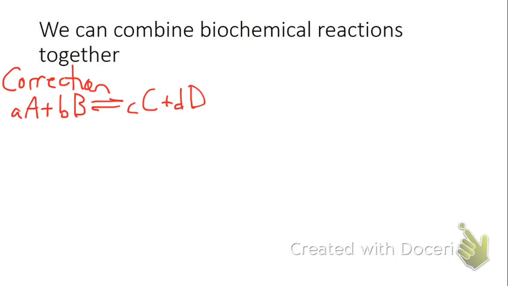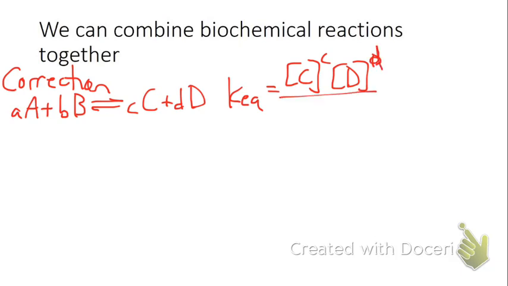We know the equilibrium constant, KEQ, is equal to C to the c power, D to the d power, (sorry, that's a lowercase d), over A to the a and B to the b.